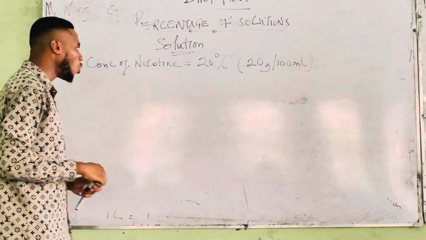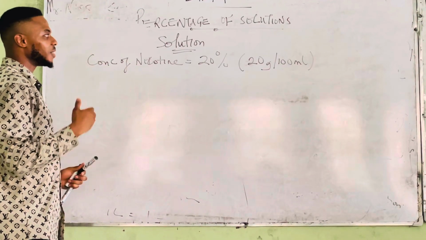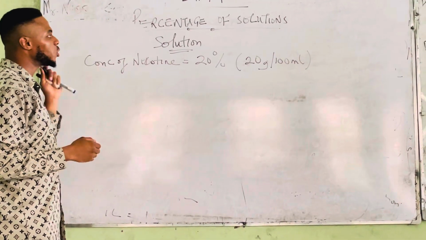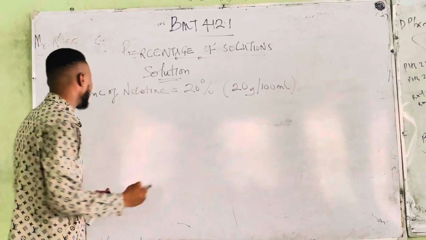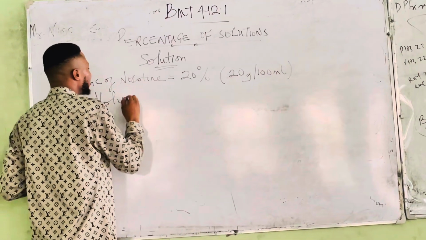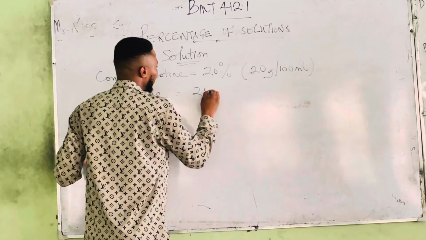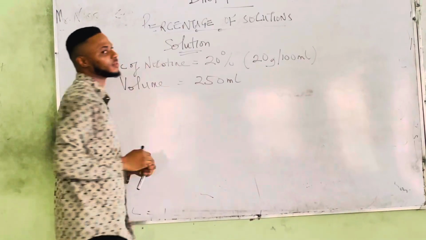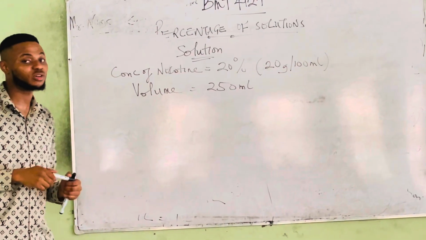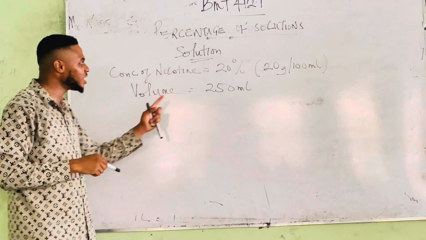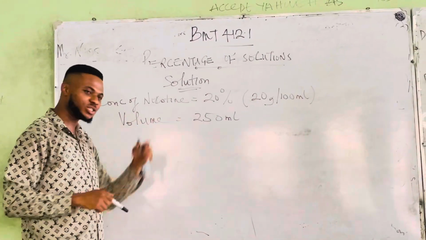I want to know the mass of nicotine that will help us to achieve this. But first of all, please bear in mind that the volume we have is 250 milliliters. So how do we get this concentration with this volume?